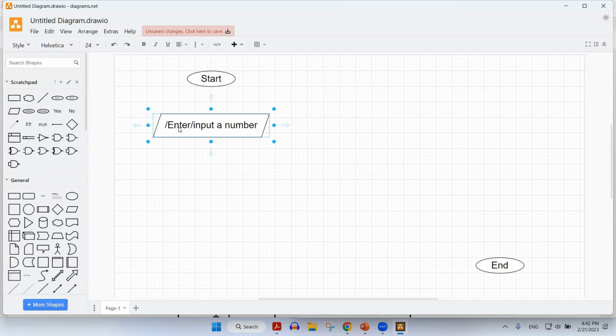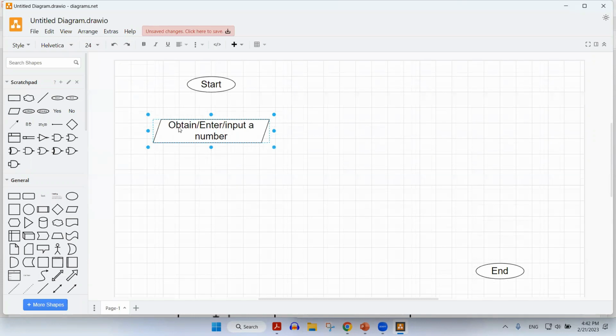These kinds of words can be used to indicate that you are inputting. So either input or enter or obtain, or you can say get, the word get can also be taken. Doesn't matter. You can use any kind of word to indicate that this is an input.